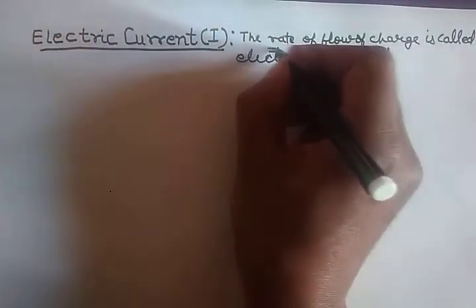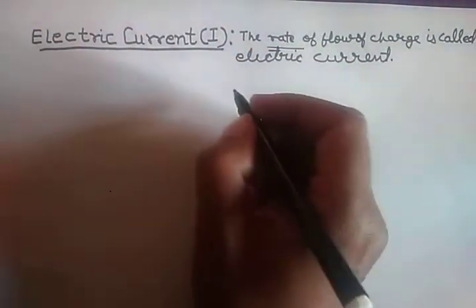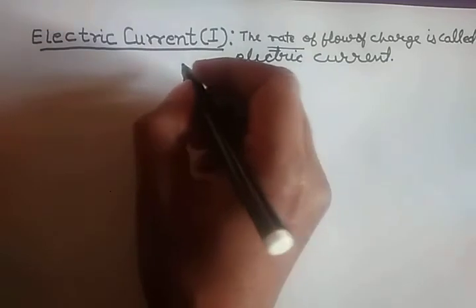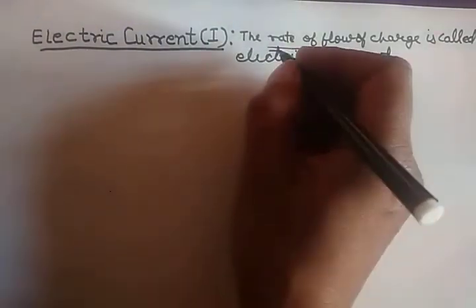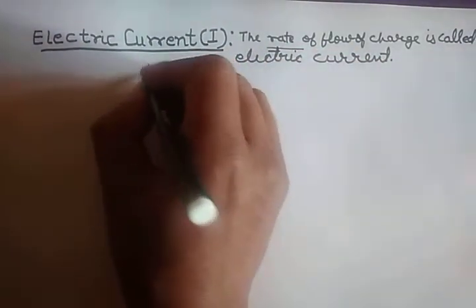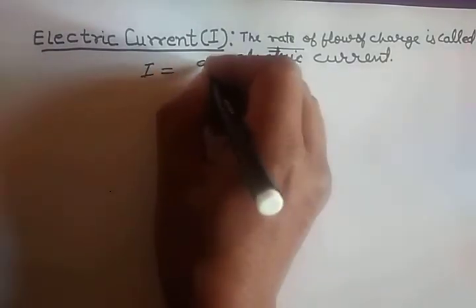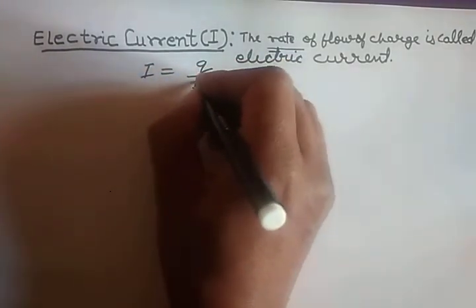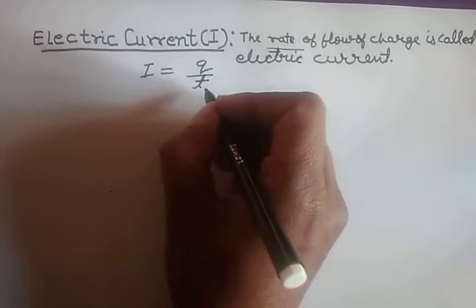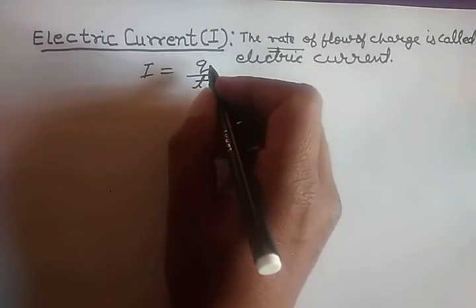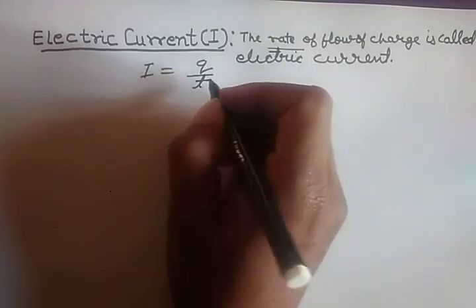What does it mean, rate? Whenever in physics we talk about rate, it means something which is divided by time. So I equal to Q upon t, charge divided by time. So it is the rate of flow of charge.